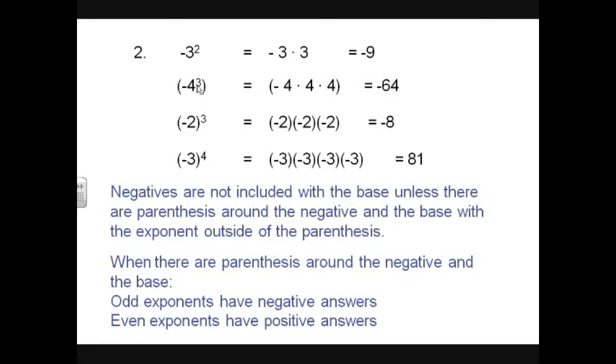Notice right here with the exponent inside of the parentheses, it still did not make this negative go with the base. The exponent has to be on the outside of the parentheses for the negative to be included with the base. And then once again, that last part, just reiterating that if we have odd exponents, it'll be a negative answer, and even is going to be a positive answer when the parentheses are around the negative and the base. So once again, the parentheses have to be around the negative and the base, and the exponents have to be on the outside for this to happen.